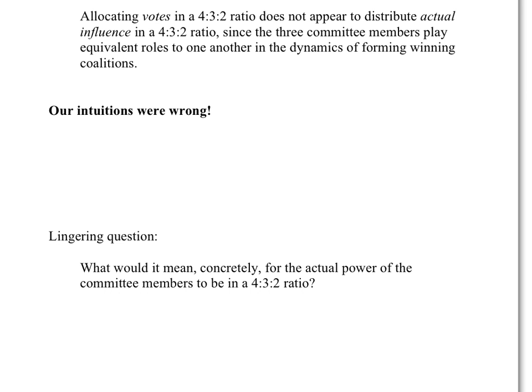So we still have a lingering question here. What would it even mean, concretely, for the actual power of the committee members to be in this 4-to-3-to-2 ratio? We can recognize when they play equivalent roles, as they do in this example, but what would it mean to measure the power in this precise kind of a way?